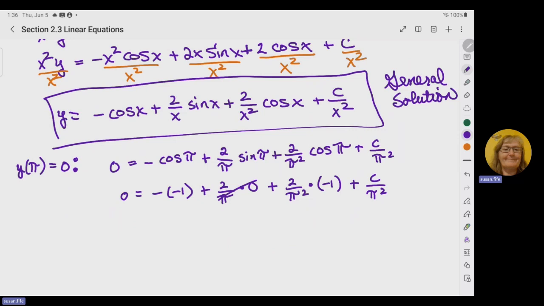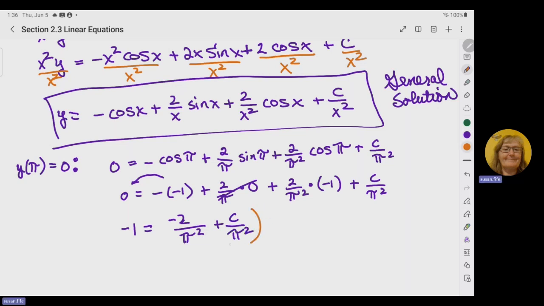And I think what I'll do is bring that 1 over to the left side. That's a positive 1. When I bring it over to the left side, it becomes negative 1 equals 2 times negative 1, which is negative 2, over pi squared plus c over pi squared.